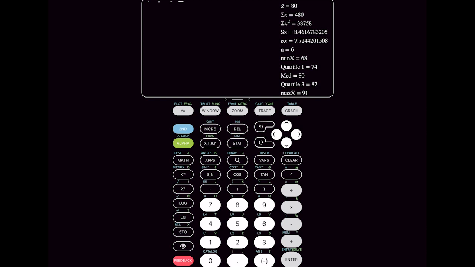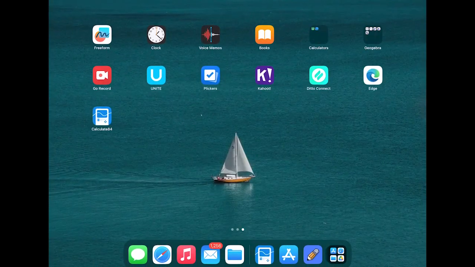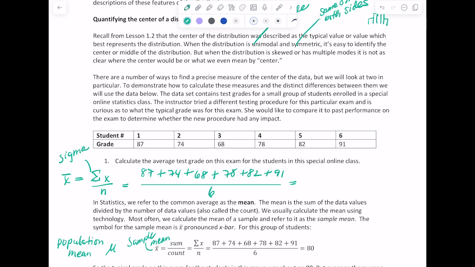If you look at the very top, it says X bar, that's my sample average, is 80, okay? Right underneath that is sigma X, so that's the sum of all those values. So if you were doing this by hand and adding up those 6 values, you should have gotten 480. And of course, 480 divided by 6 does give you 80. So the average test score for that sample of students then is 80.